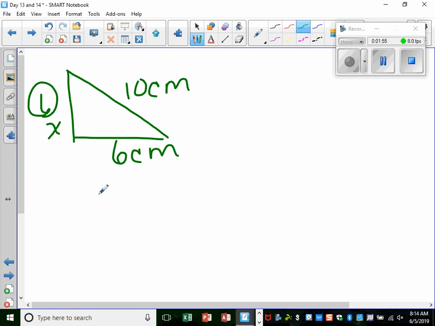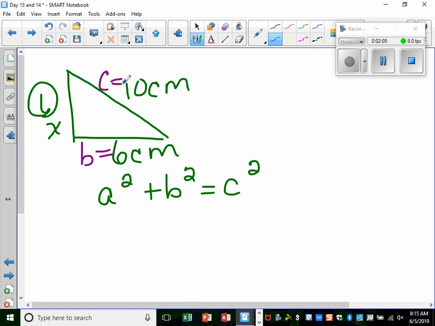So again, start off with your theorem. You can identify A, B. So I'm going to say this is B. Obviously, this is C. And I don't know A. So I'm going to say x squared plus 6 squared, which is 36, equals 100.